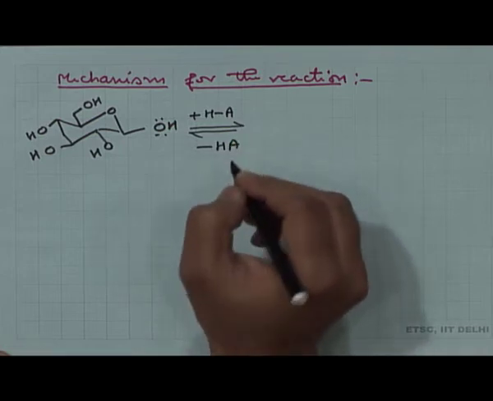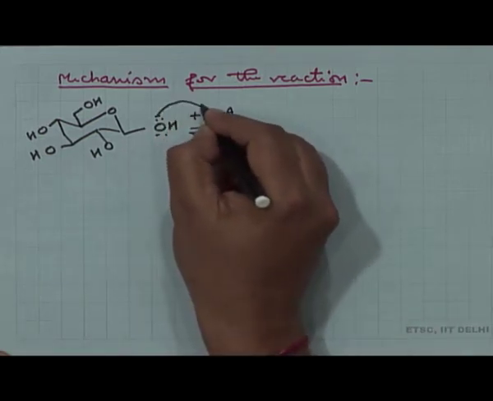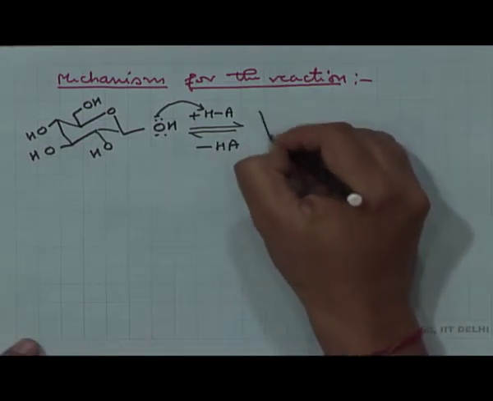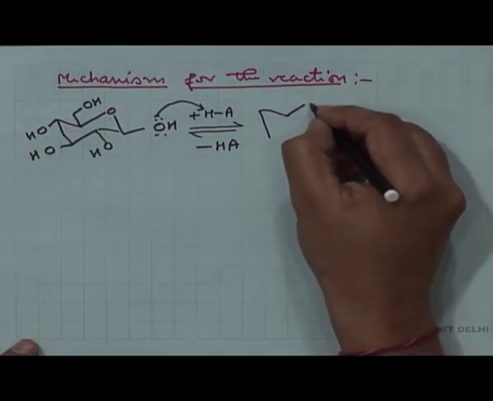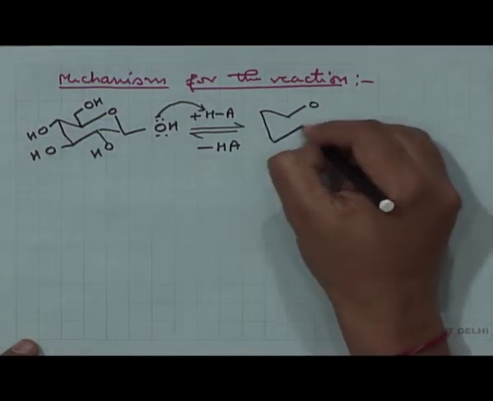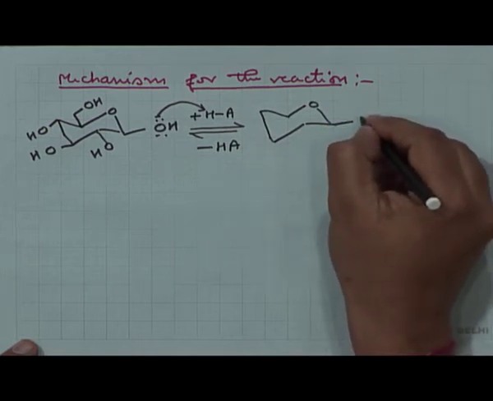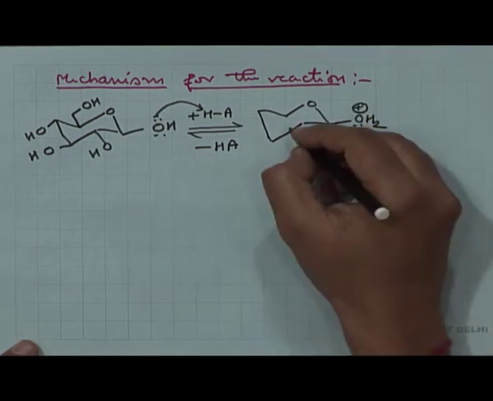It takes a proton from the acid and forms a protonated species. I will keep the whole structure the same, but the hydroxyl of the anomeric position will get protonated and converted to OH2 plus. Now it has a positive charge.